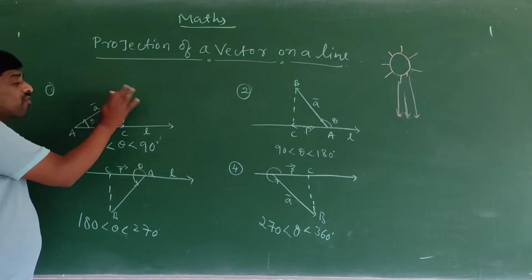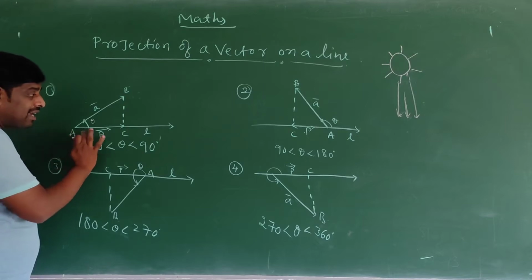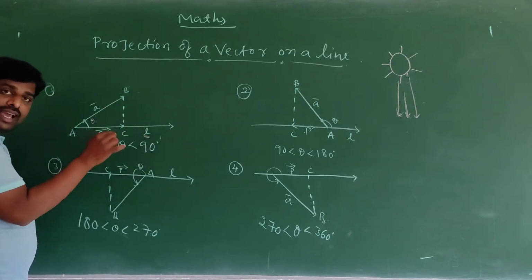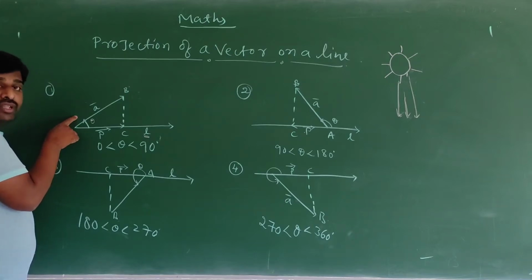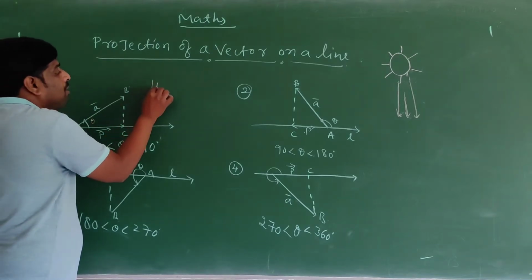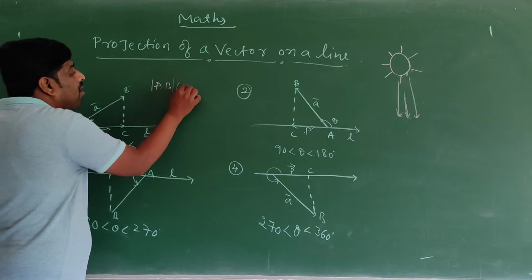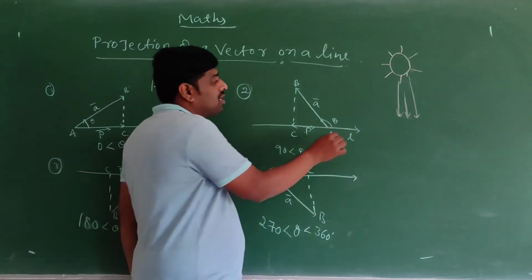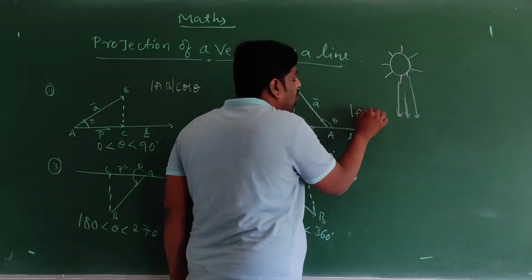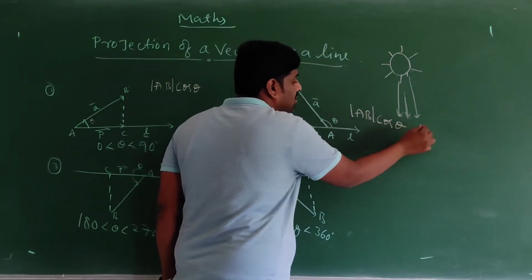The projection of AB bar on a directed line segment L with angle theta in the anti-clockwise direction is the magnitude of AB bar into cos theta. For this projection also, it is the magnitude of AB bar into cos theta.